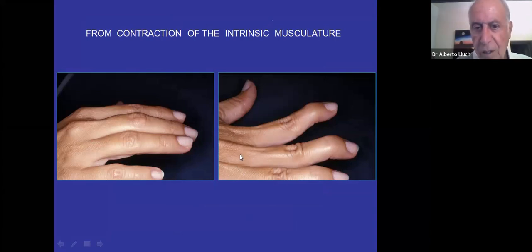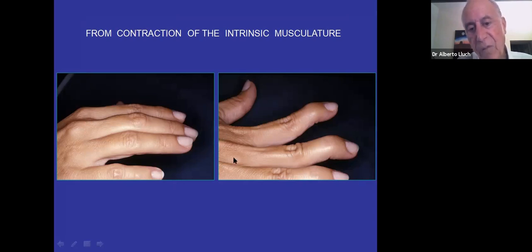And how did she do this? She did it because she had a lax volar plate, and by contraction of the intrinsic muscles. What do the intrinsic muscles do? Flex the MP joints. MP joints here at rest in moderate flexion, and here are flexed and tightly flexed.